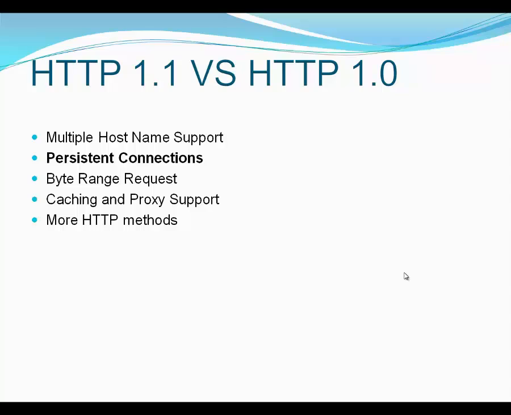Now, HTTP 1.1 supports persistent connection by default. So what does that mean? In 1.0, when the connection is established between client and server and the server responds back, then that TCP connection is stopped. Again, while making a second request, the TCP three-way handshake is initiated.